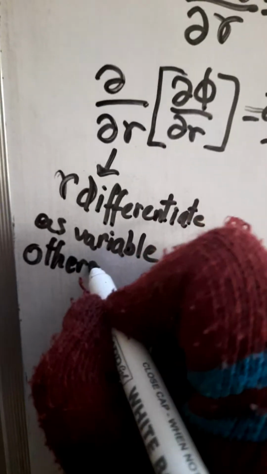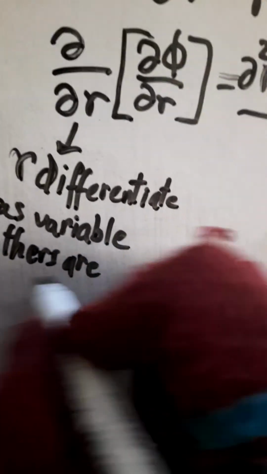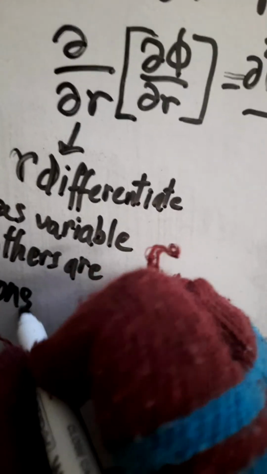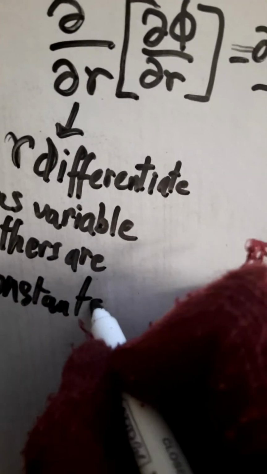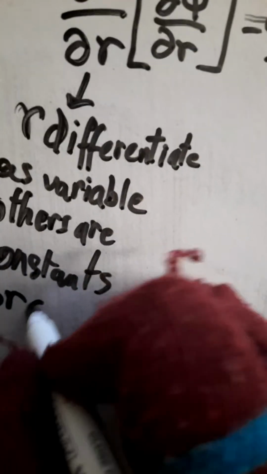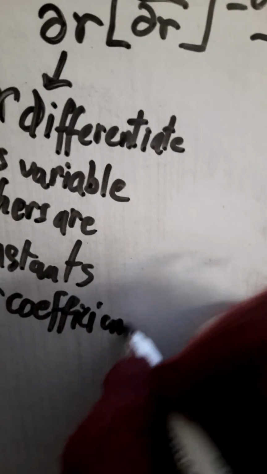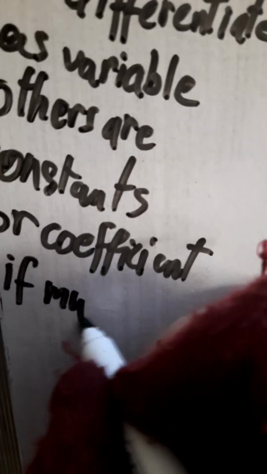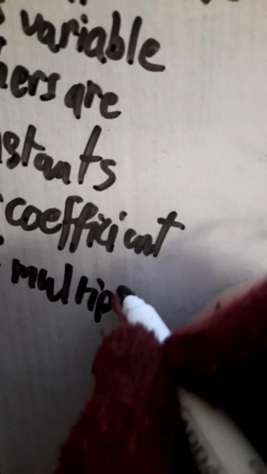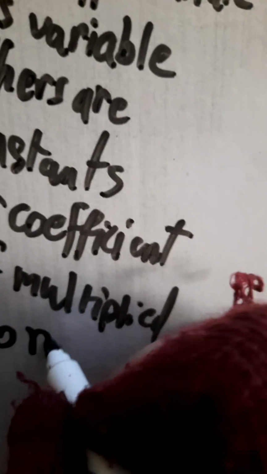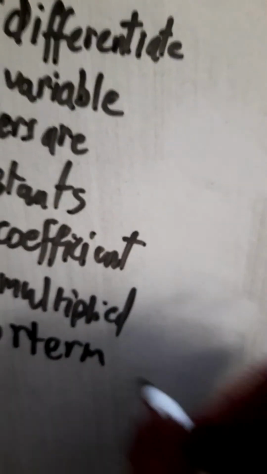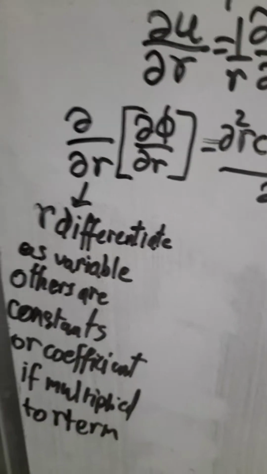Others are either constants or coefficients if multiplied to the r term. Whatever we are differentiating with respect to, this time it is r.